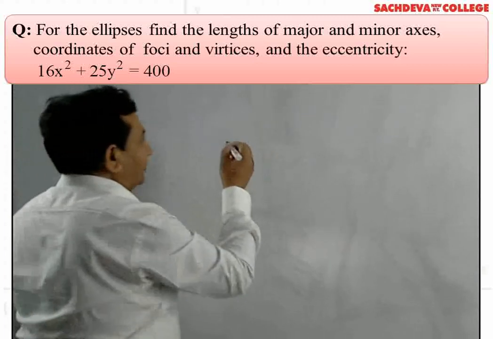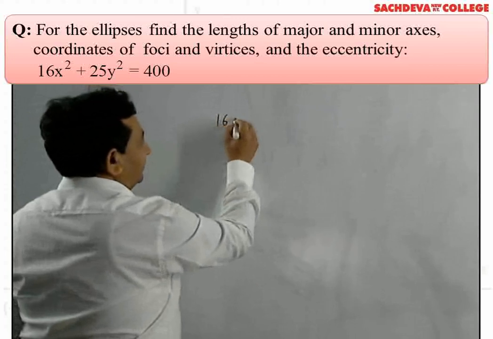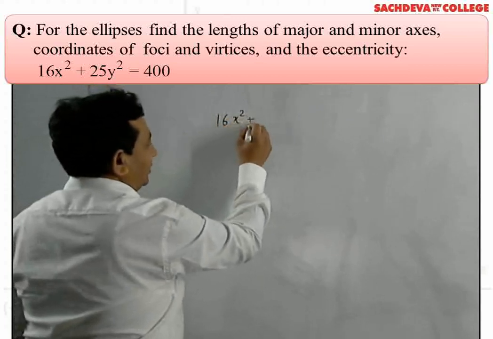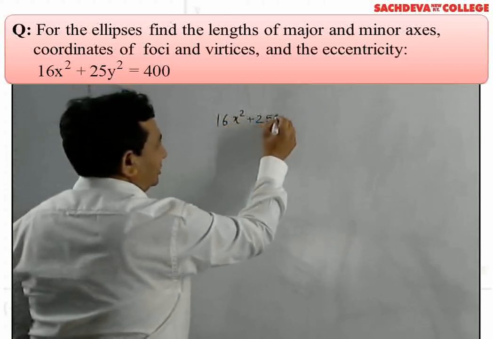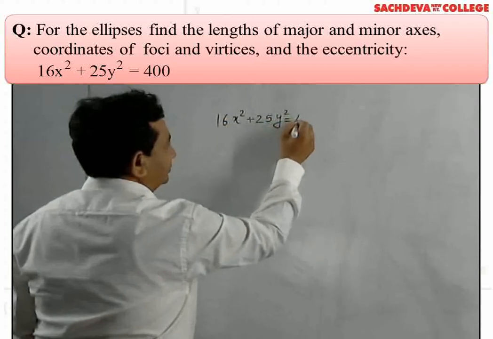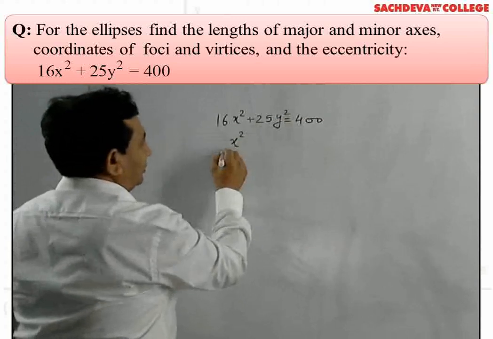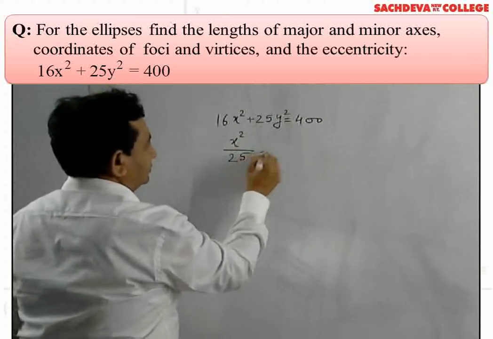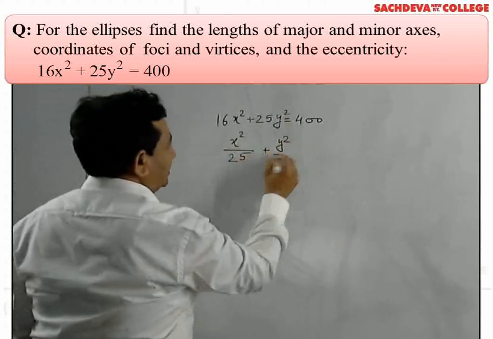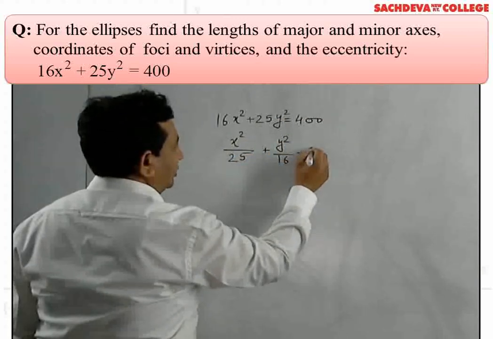So equation of ellipse is given 16x square plus 25y square is equal to 400, which gives x square upon 25 plus y square upon 16 is equal to 1.